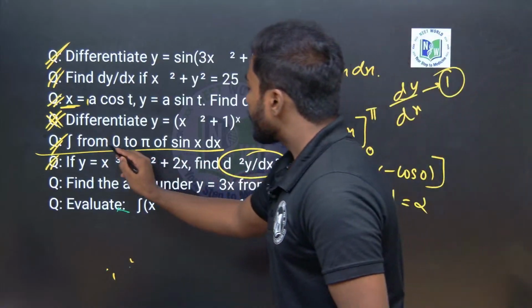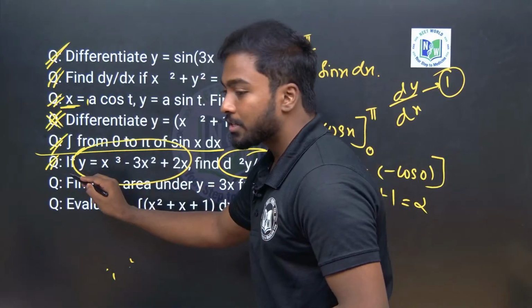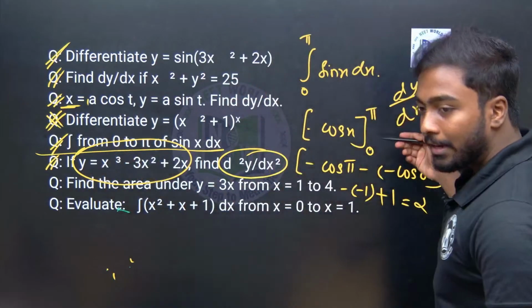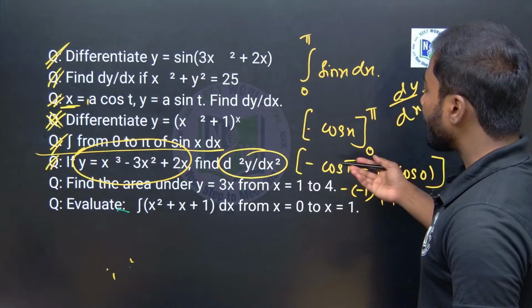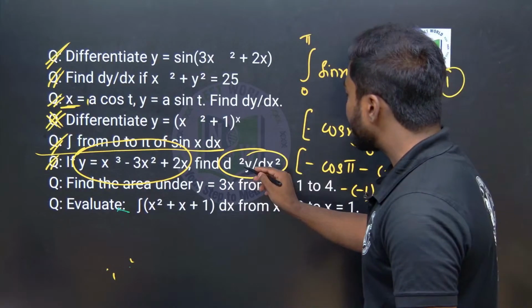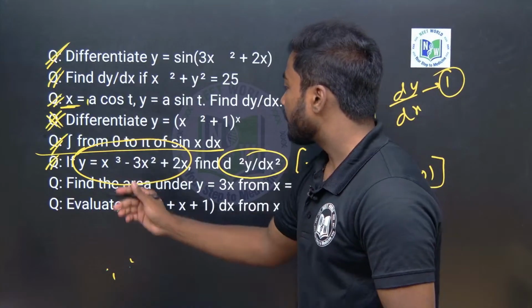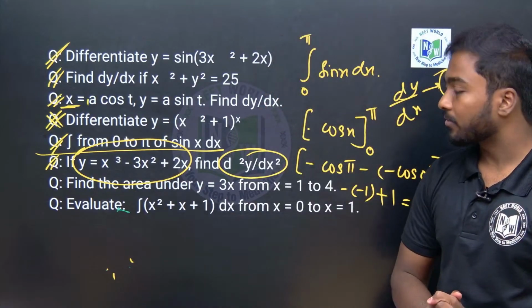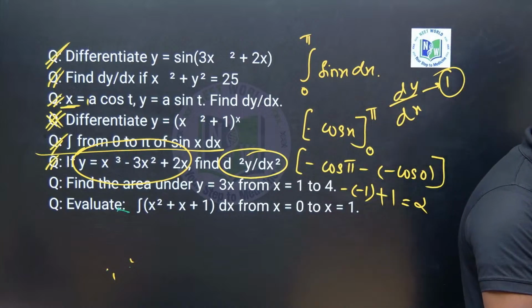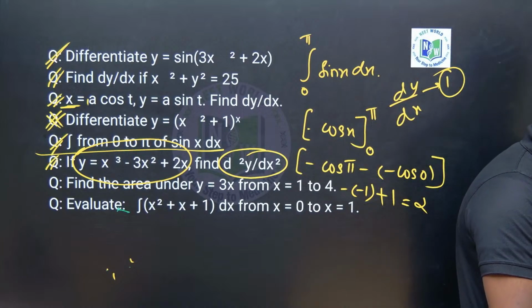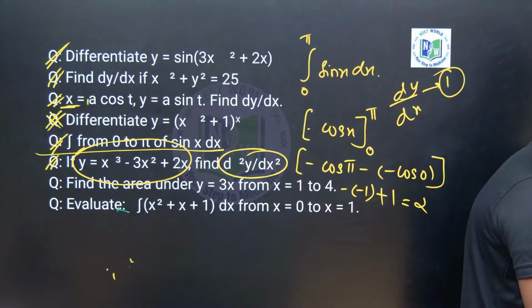So first do the differentiation for this equation, you will get dy by dx. Keep that equation, again do the differentiation, you will get d square y by dx square. Give the answer for the question. Yes, it's double differentiation, man.